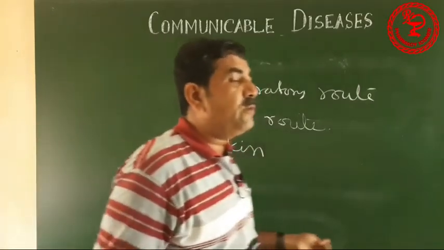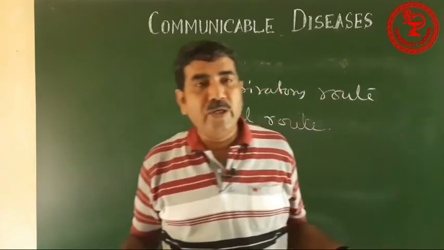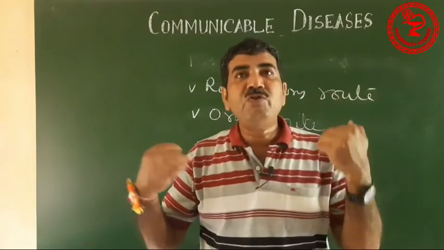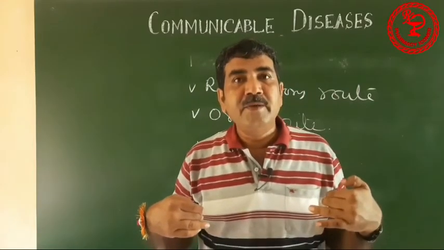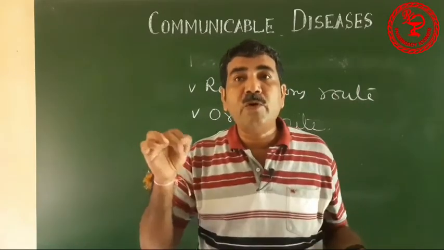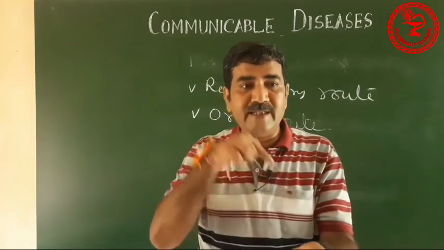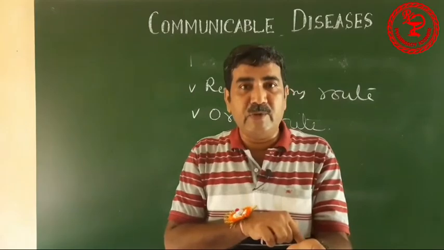As I told you, that is the vector-borne infection. They are introduced into our body. Many vector infections are introduced into the body like injections, like mosquito. When they bite, they inject the microorganism inside the body.